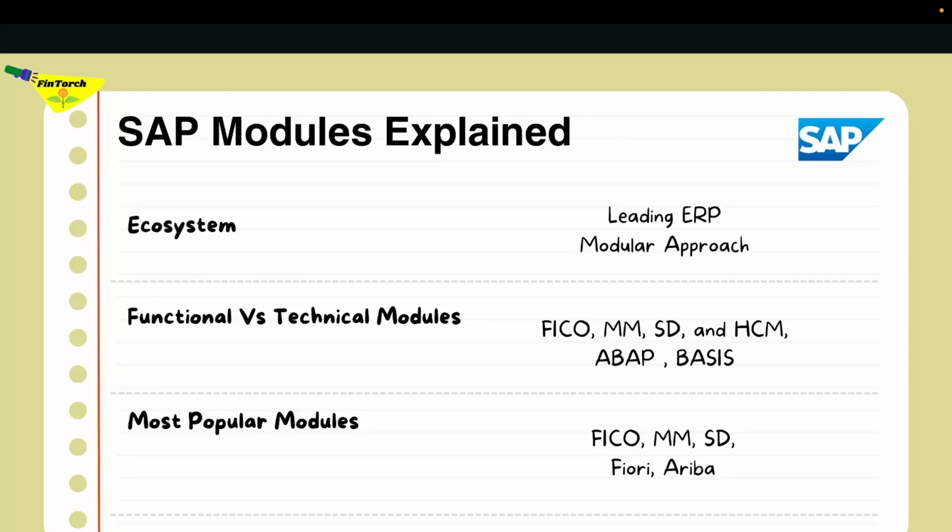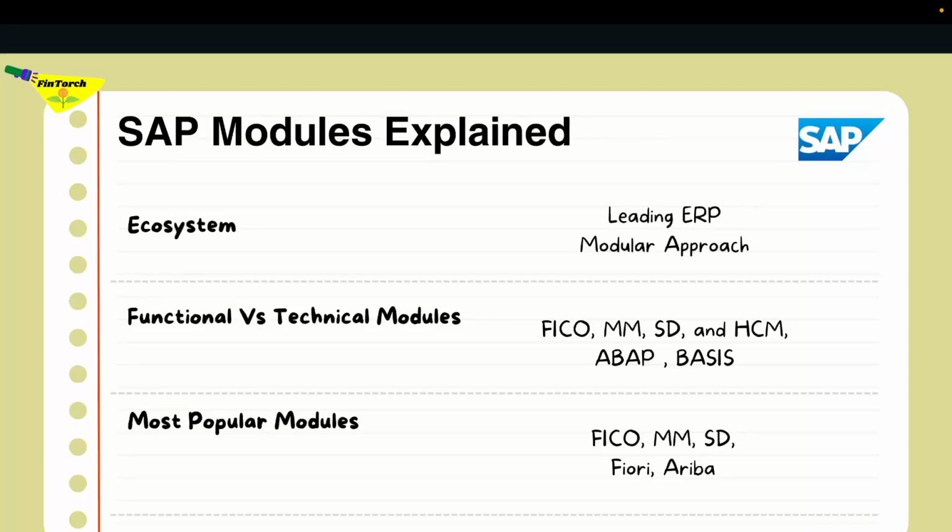You must have heard of the other one, which is Oracle, but these two are the main ones. And SAP follows a modular approach which helps in integration of different business functions and provides data and analytics at your fingertips. Okay, so this is the ecosystem.